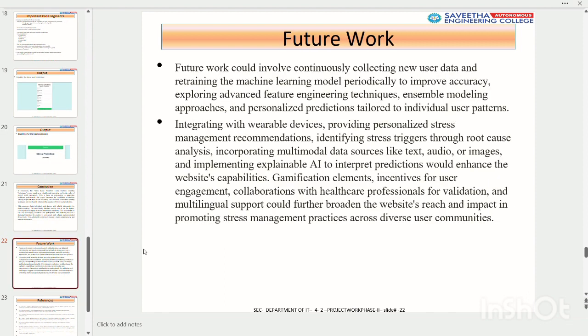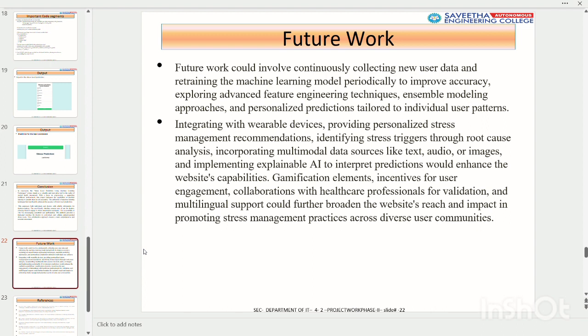And also we have future work for this project. The future work will involve continuously collecting new user data and training the machine learning model periodically to improve accuracy, exploring advanced feature engineering techniques, ensemble modeling approaches, and personalized prediction tailored to individual user patterns. And also we plan to integrate wearable devices or sensors in future, providing personalized stress management recommendations, identifying stress triggers through root cause analysis, and incorporating multimodal data sources like audio, text, and images.